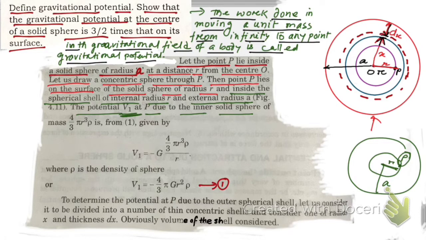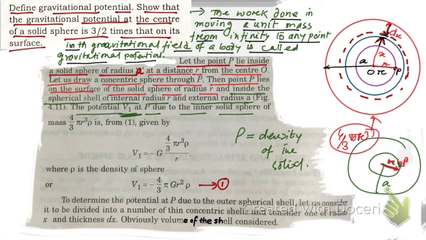If the density of the solid is suppose rho, then the volume of this inner sphere of radius r will be 4/3 pi r cube, right? If you multiply density with volume, it gives you the mass.